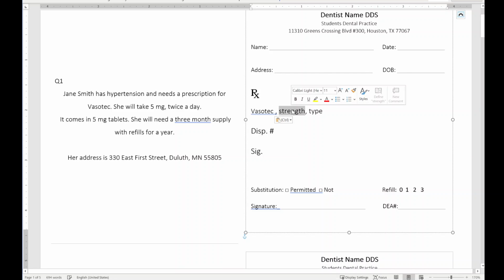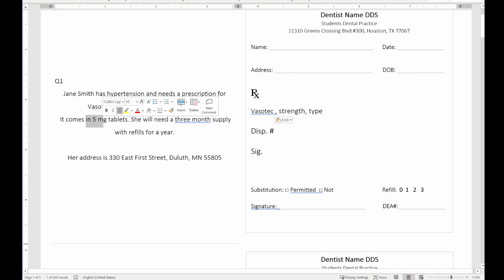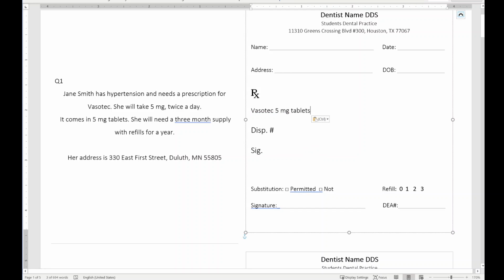The strength of each of these drugs is 5 milligrams, and the tablets are here, so we can copy this. That's the strength and dosage form. So that is our first thing: Vasotec, 5 milligram tablets.